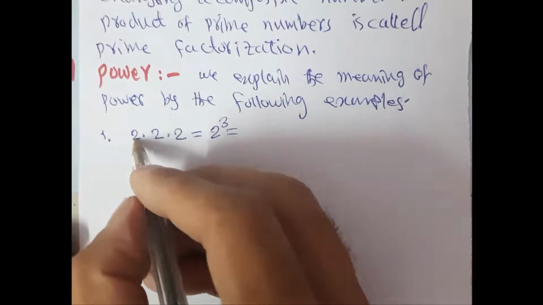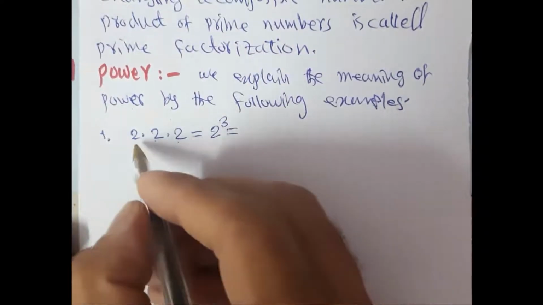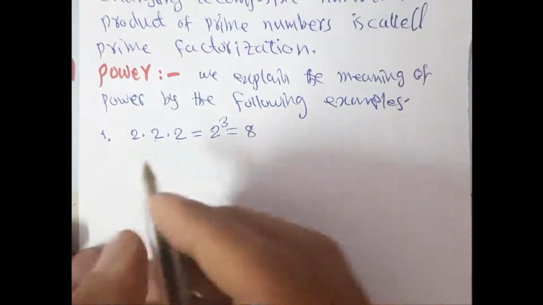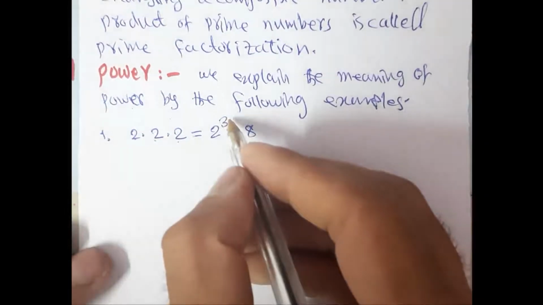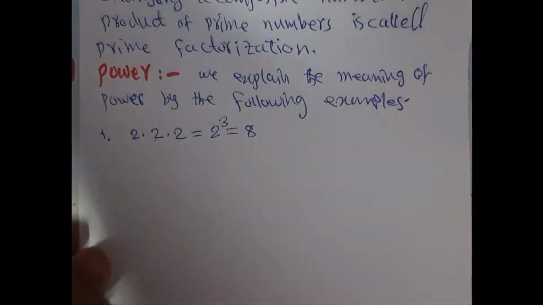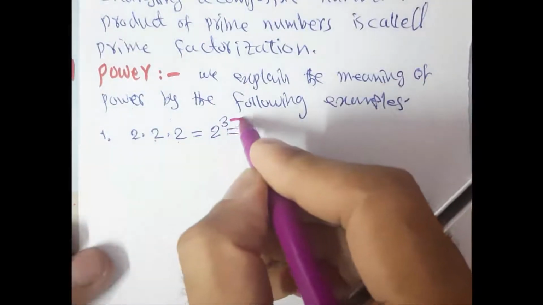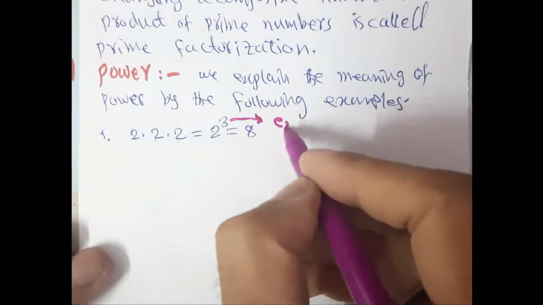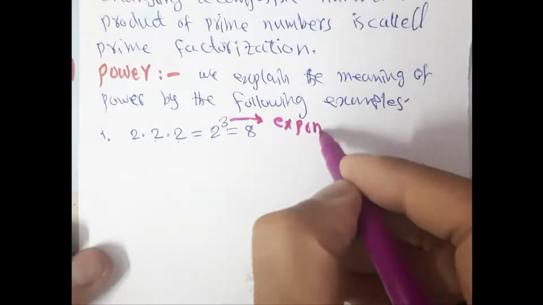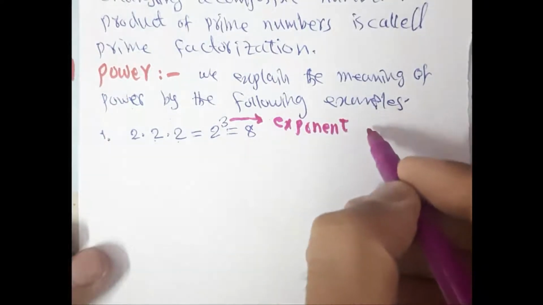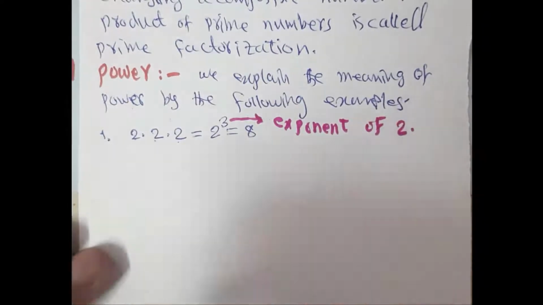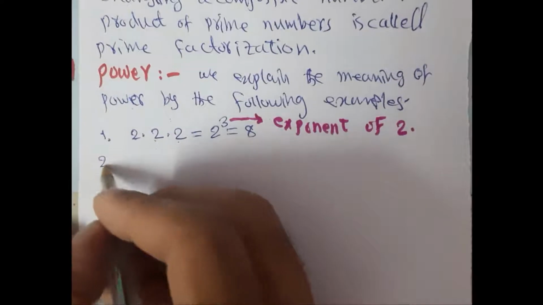It is equal to 2 into 2 into 2, which is equal to 8. Here 3 is the exponent, the exponent of 2.